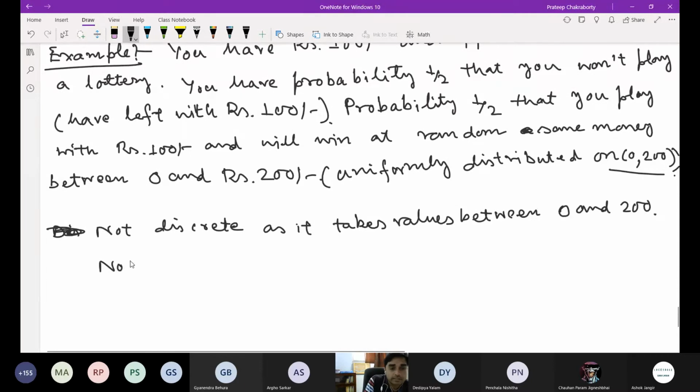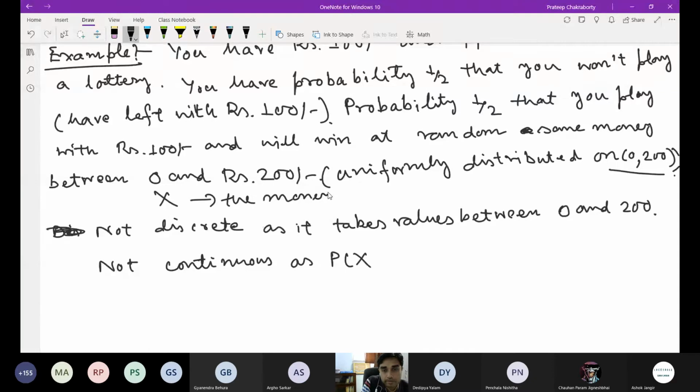Can anyone tell me why this is not continuous? Here x is the random variable, the money you will have after the game.